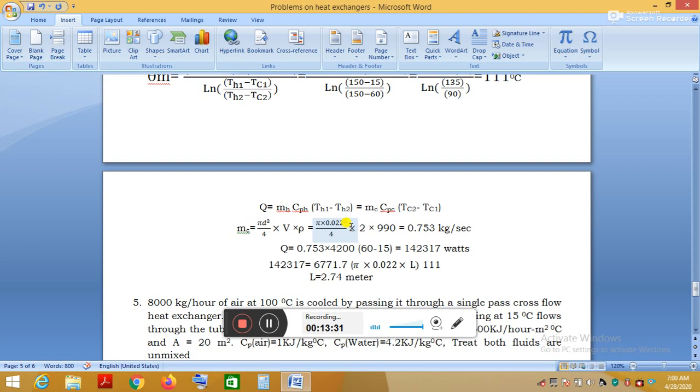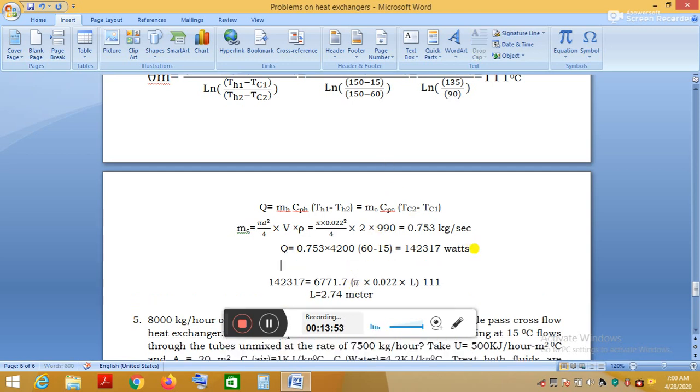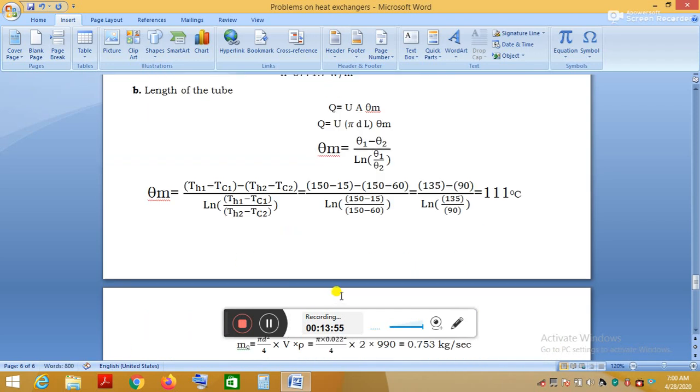Since he asked us to neglect all the resistances, we can consider the h value itself as the U value directly. Substituting that in the equation, we can find L.